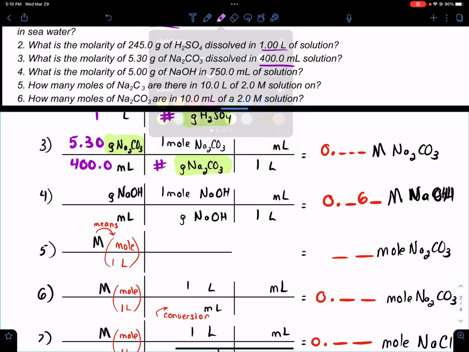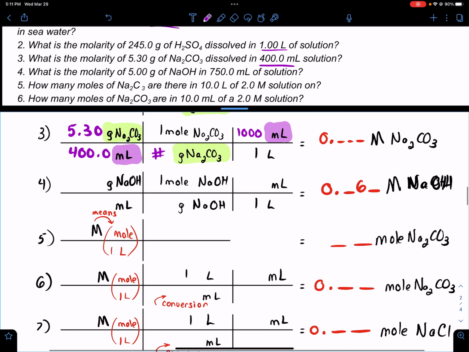Now, if you want to get rid of it, you have to cross cancel. You don't just cross cancel down, you can cross cancel up. So I have 1 liter equals 1,000 milliliters. So you do your math, multiply across the top, divide it by both things on the bottom, and then you're good to go.